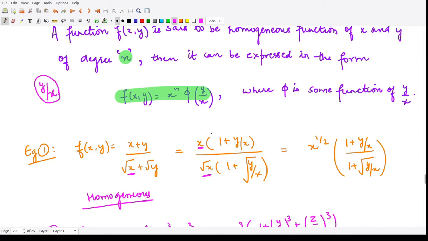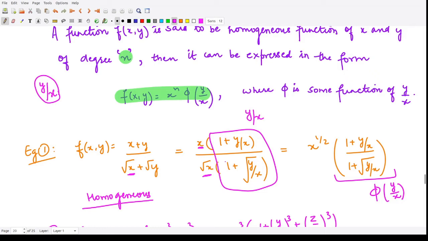So here you have variables of the form y divided by x. So I can call this some function phi of the variable y divided by x. And here the power of x is 1, here the power of x is 1 by 2. So the power of x here would be 1 minus 1 by 2, that is equal to 1 by 2.